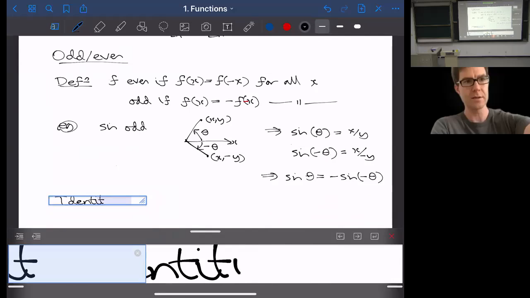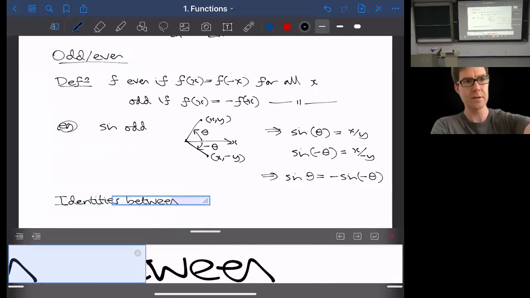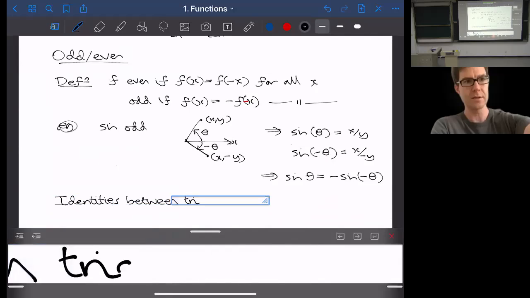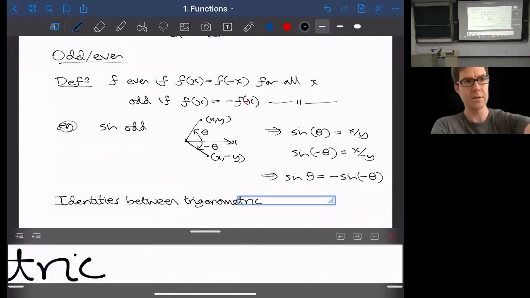Now, identities between trigonometric functions.